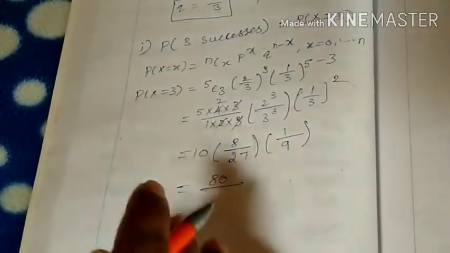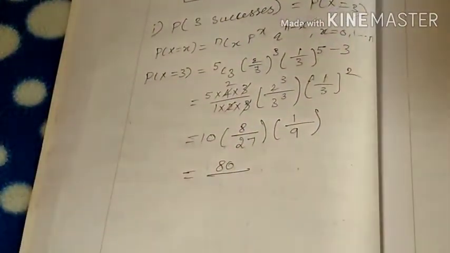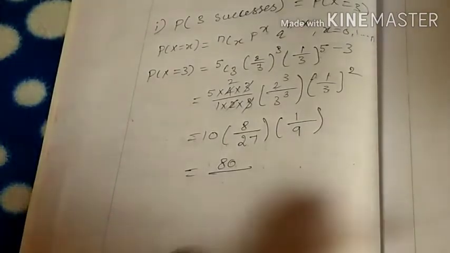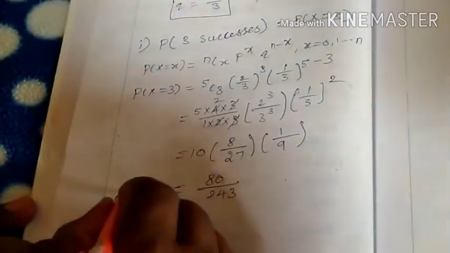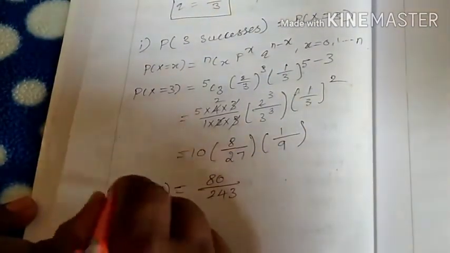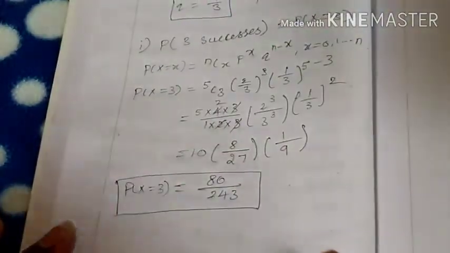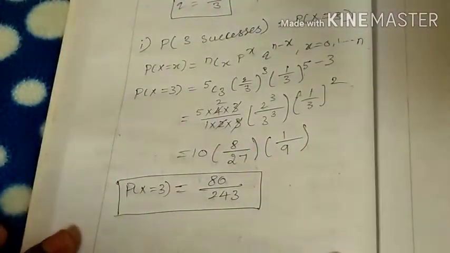Okay. So using your calculator or ordinary multiplication, 27 into 9 is equal to 243. This is for P of x is equal to 3. So 3 successes, when you get this, is your answer.